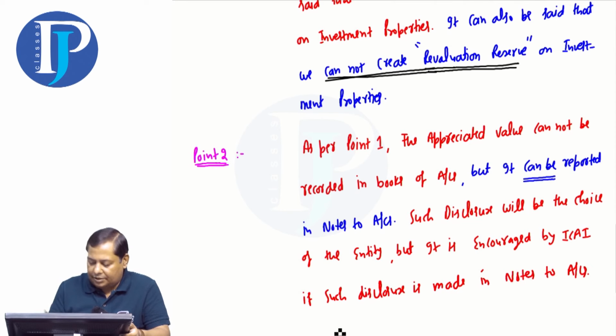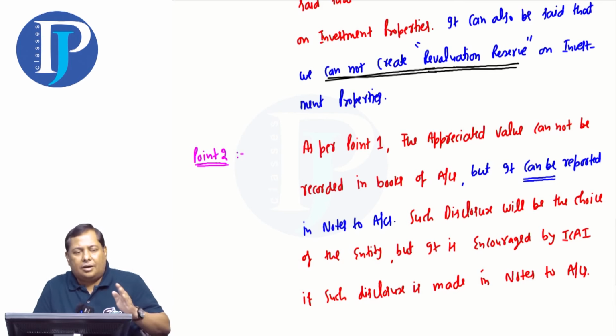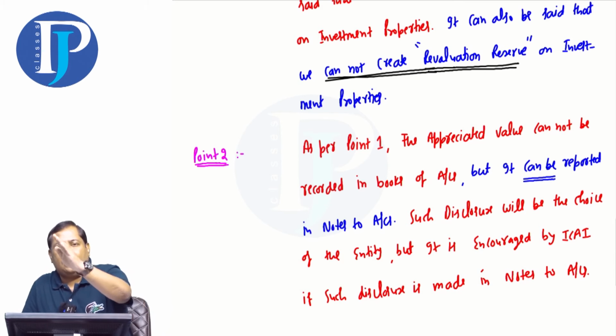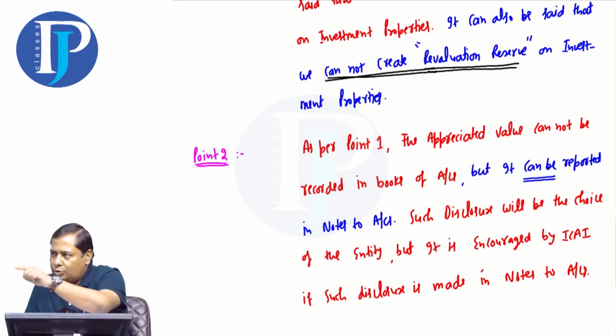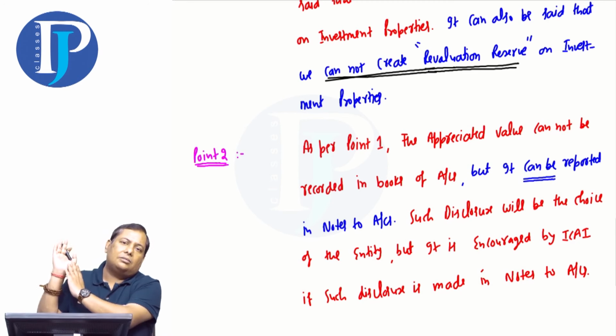If such disclosure is made in notes to accounts, then ICAI encourages this, okay? Firstly, appreciated value cannot be brought to the books. So where can this value be shown? In notes to accounts, outside the P&L and balance sheet. Okay.